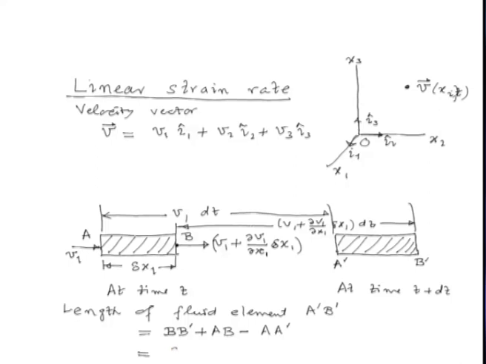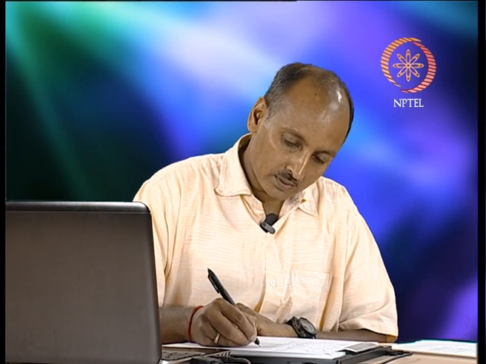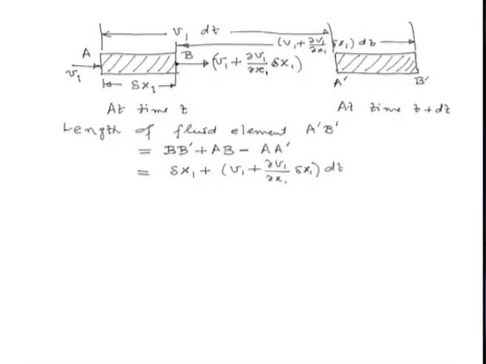That is, this is equal to delta x1 plus V1 plus delta V1 over delta x1 times delta x1 times dt, minus V1 dt. So, if you simplify it, this is equal to delta x1 plus delta V1 over delta x1 times delta x1 dt.